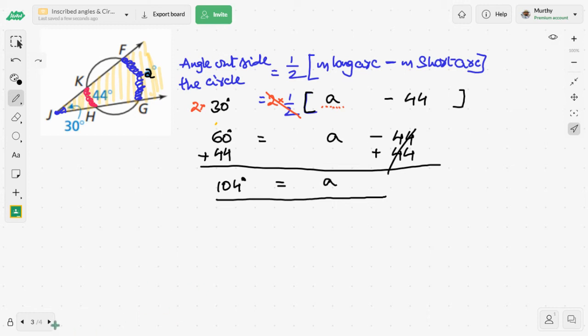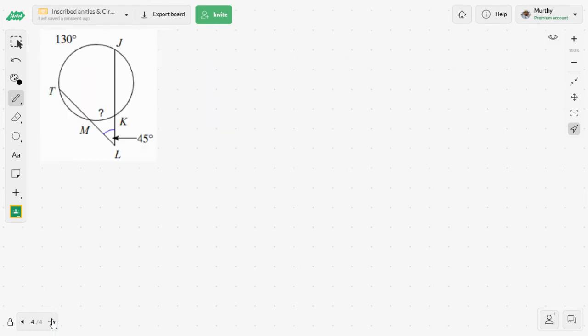Let me take another question which is similar to this one. Always my strategy is I look at the question, and though it is not required, my method is to identify the area between the two legs of the angle.